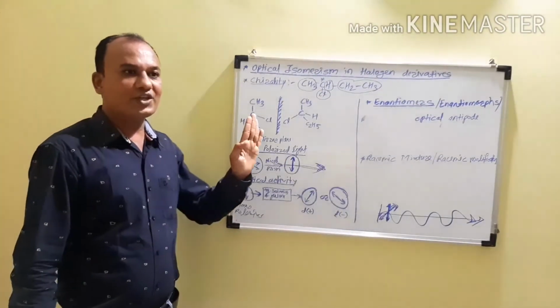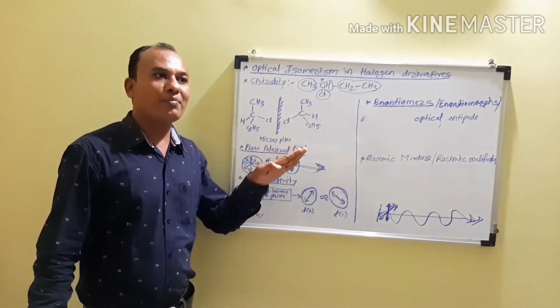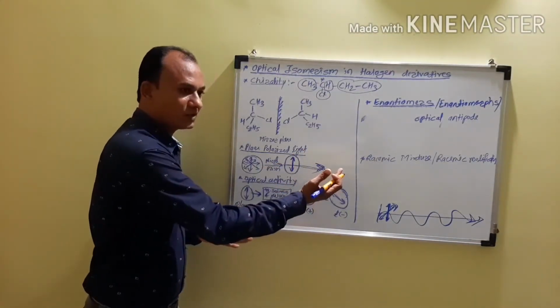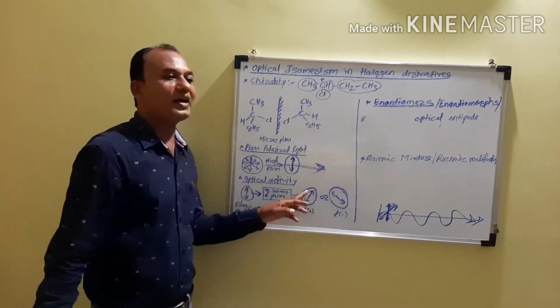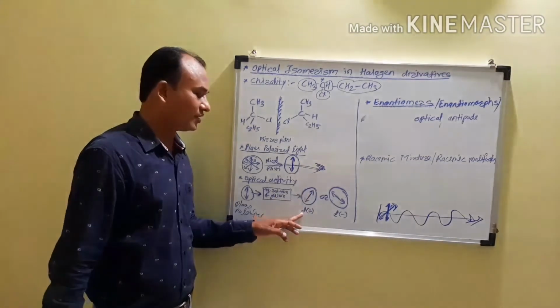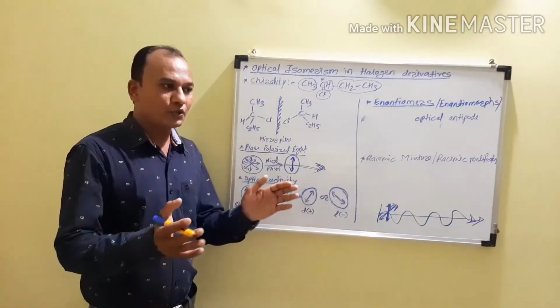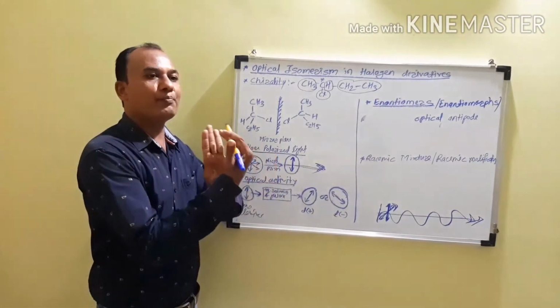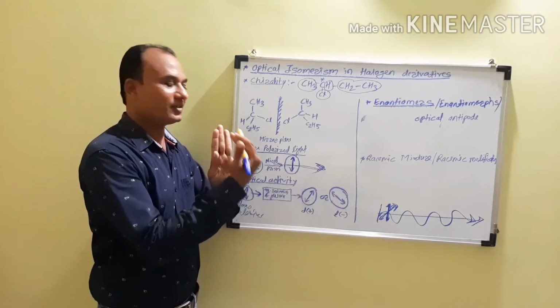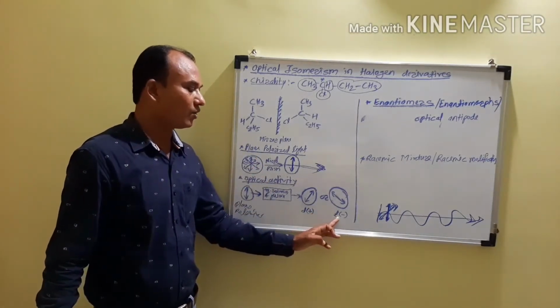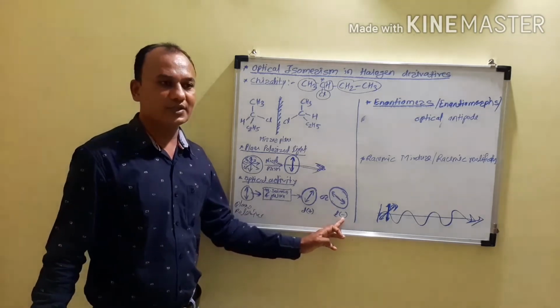Any isomer which rotates the plane of plane polarized light towards the right hand side is called dextro-rotatory, which is represented by D or the plus sign. Any isomer which rotates the plane of plane polarized light towards the left is called levorotatory, which is represented by L or the negative sign.